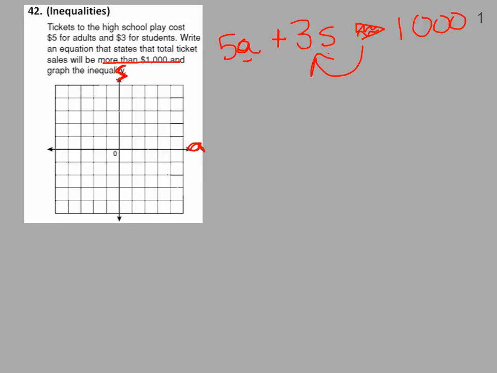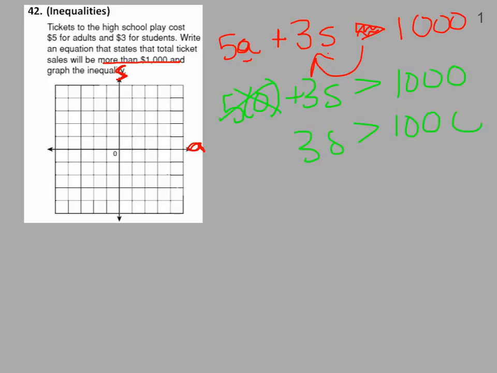I know all of you guys know how to put it in slope-intercept form already, so I'm going to teach you this way of graphing. So it says 5A plus 3S. Well, if A was 0, that's an easy point we could find on the graph. Then 5A would entirely cancel out. We just have 3S is greater than 1,000.